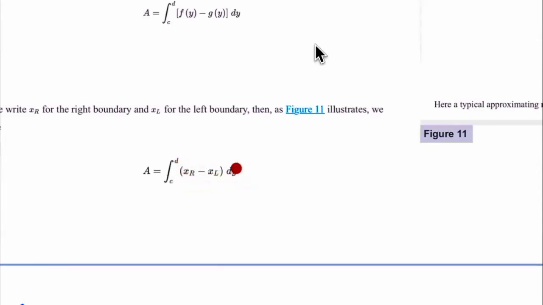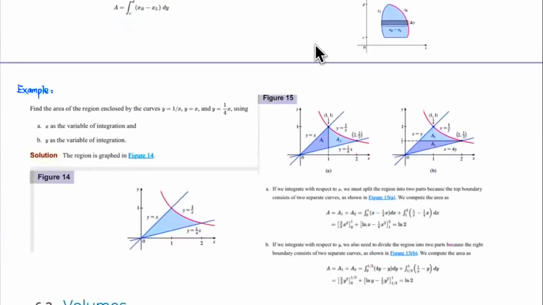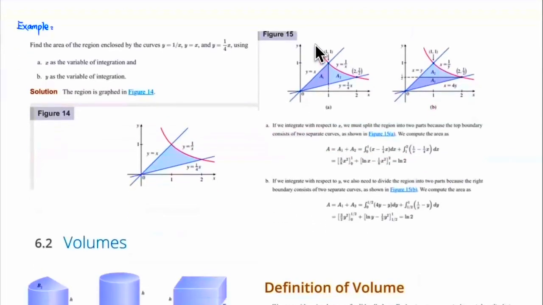Think about it as the area of one small rectangle, like this one, and then you sum them up using integration, y going from C to D. That's the area between the two curves when y goes from C to D. And over here I gave one example, so you can take a better look when you have time.